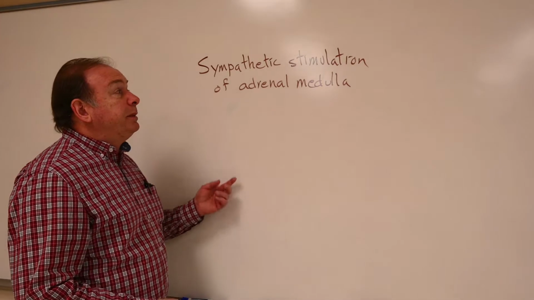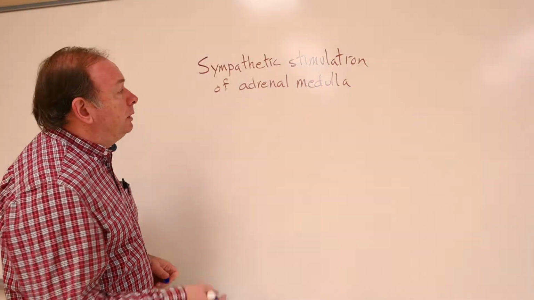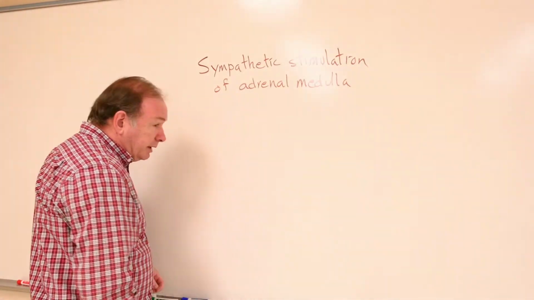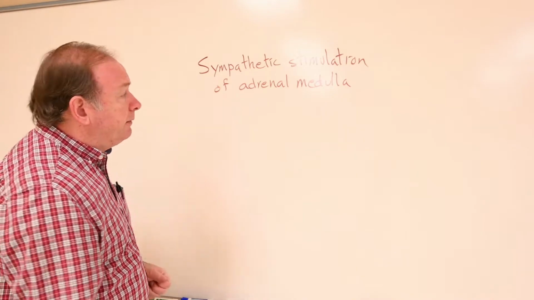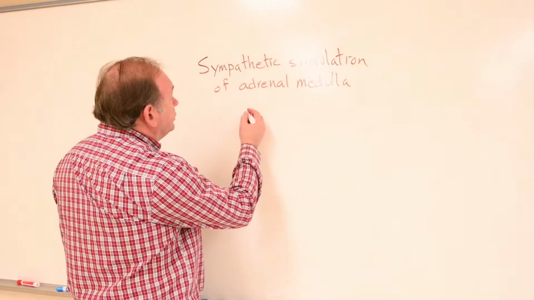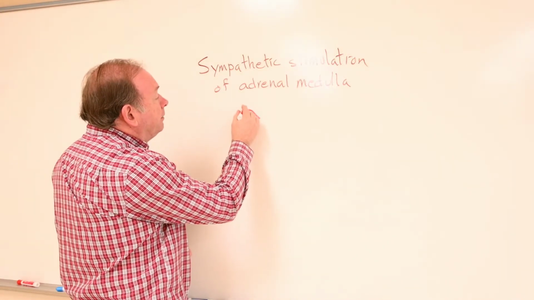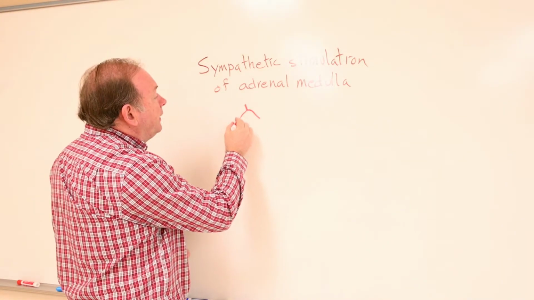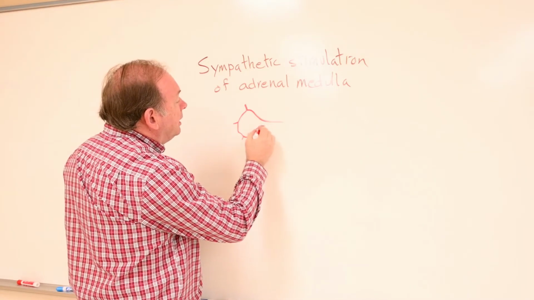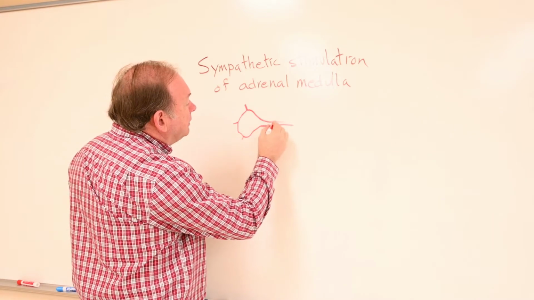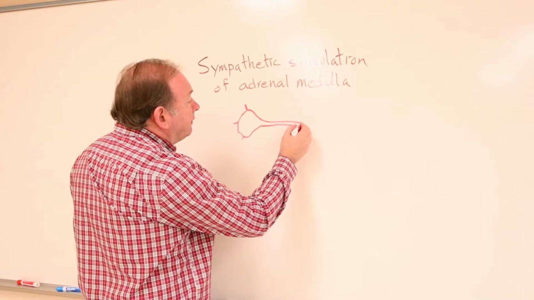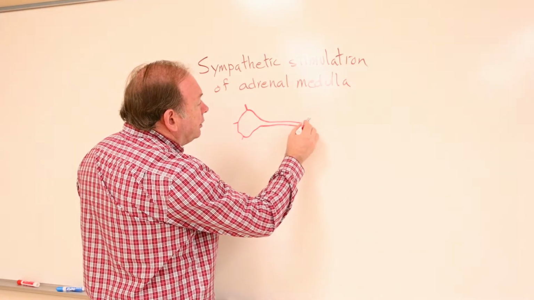Now a note about sympathetic stimulation of the adrenal medulla. The adrenal medulla is capable of releasing epinephrine and norepinephrine into the bloodstream. And the way this works is you still have that sympathetic motor neuron, as we did in that last example, but here we have what would be thought of as a preganglionic fiber reach out to the adrenal gland.